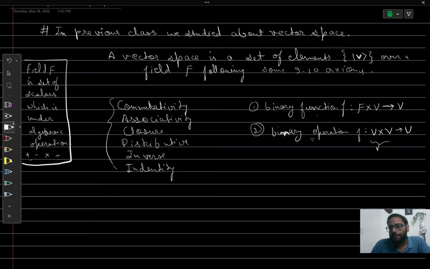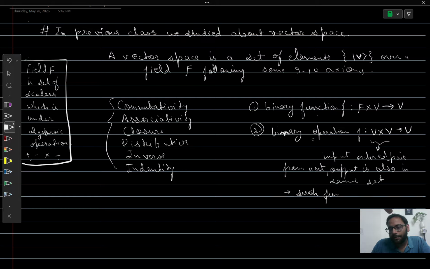So this gives you an ordered pair from the same vector space. The input to a function is an ordered pair, and the output is from a set, and the output is also in the same set.